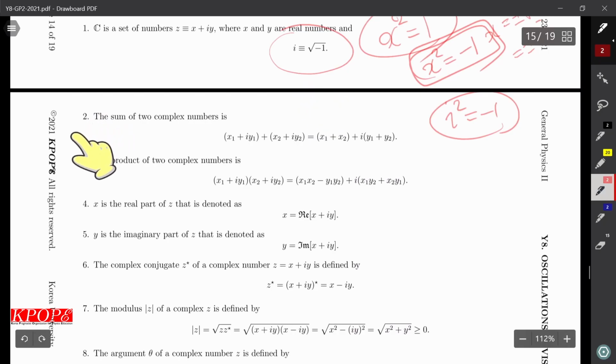A complex number z is defined by a linear combination of 1 and i with real coefficients x and y. Okay? Addition of two complex numbers can be made separately for the real part and imaginary part. Here, this is the real part and this is the imaginary part.